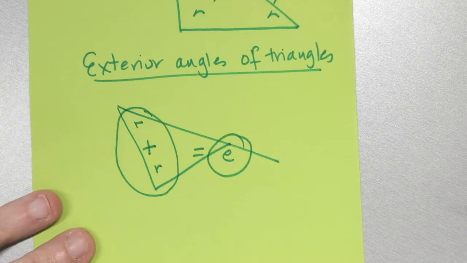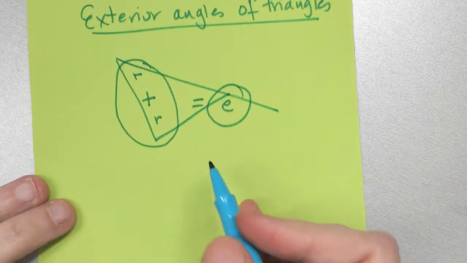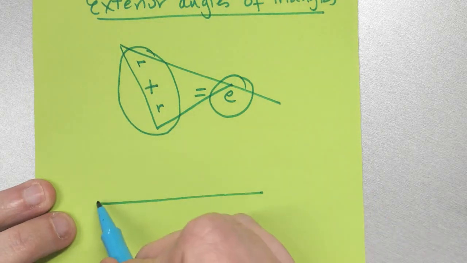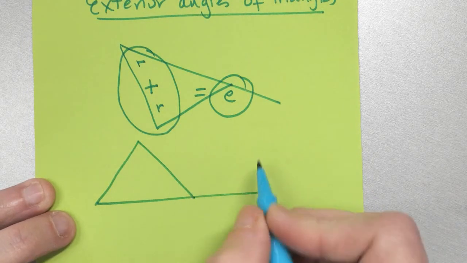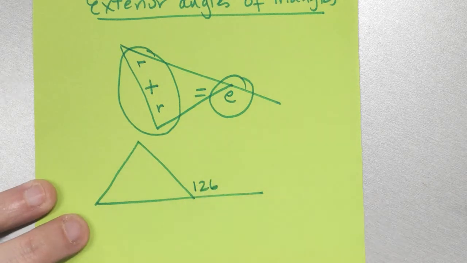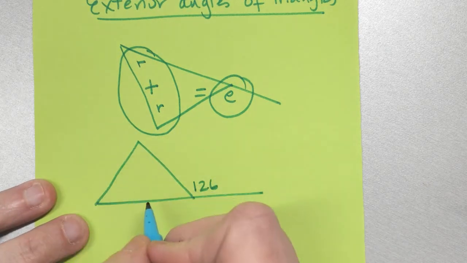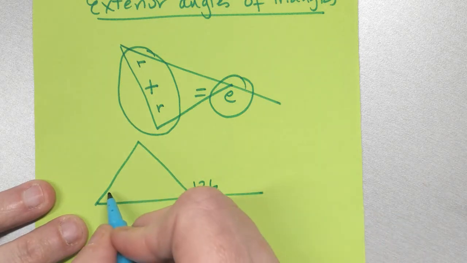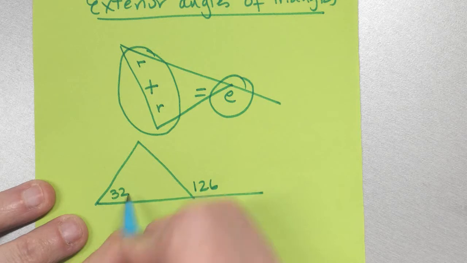Let me prove it to you. Let's pretend, and I'm going to give you crazy angles because who cares, right? Here's a triangle with an exterior angle. Let's say this angle is 126, and then let's say this one is 32.